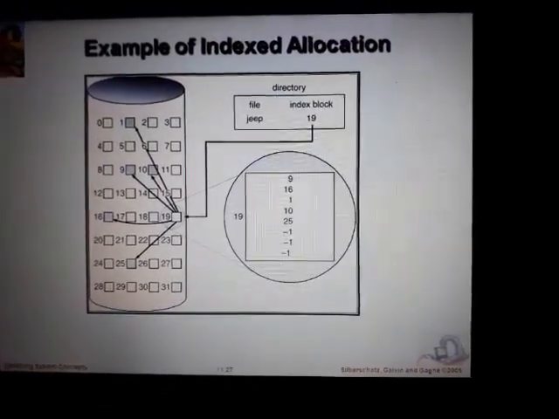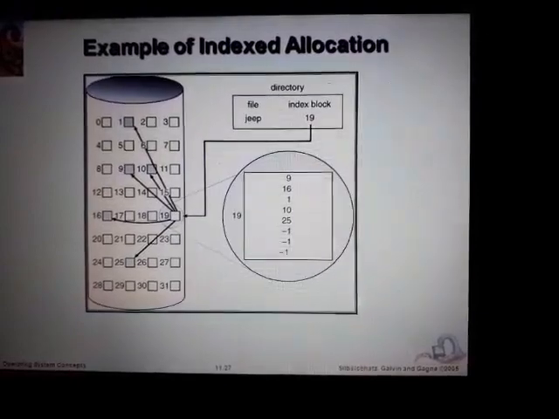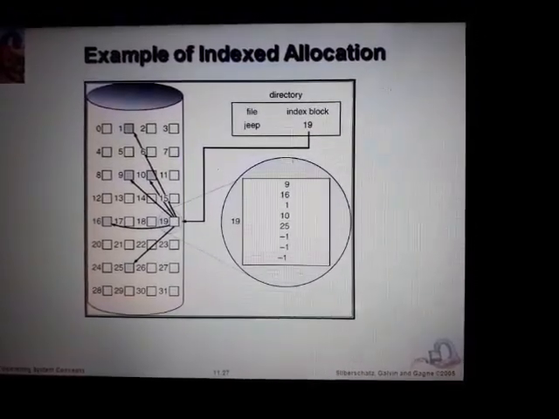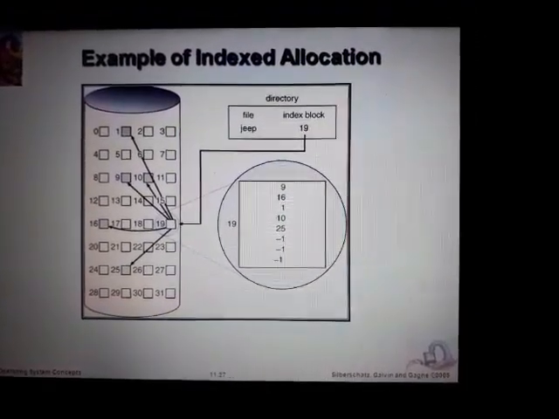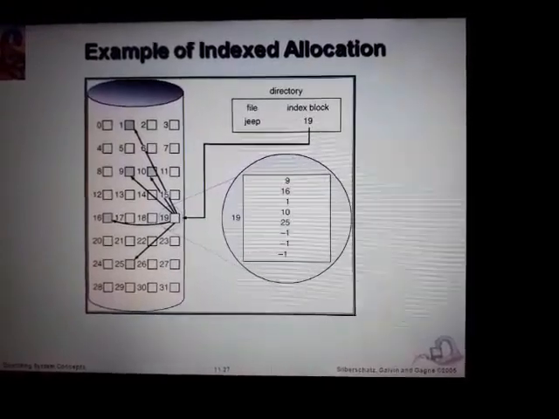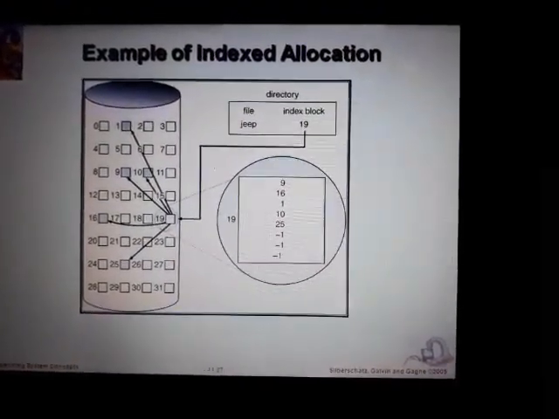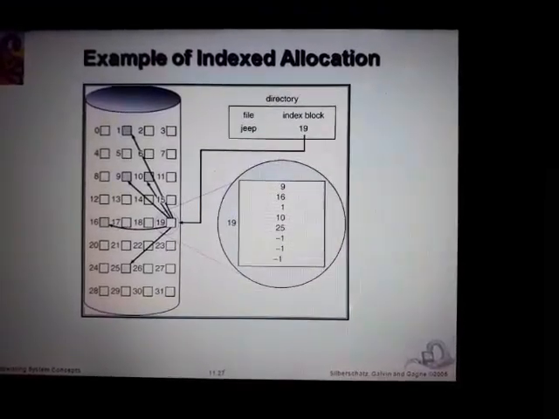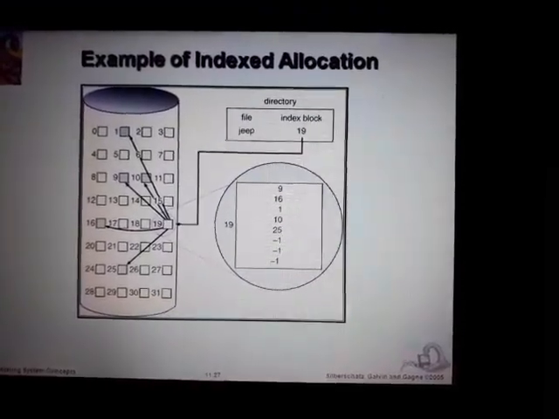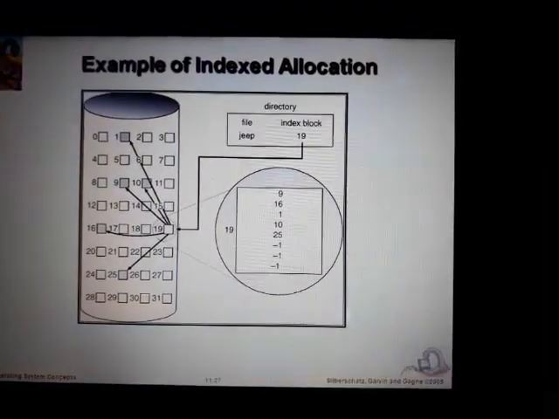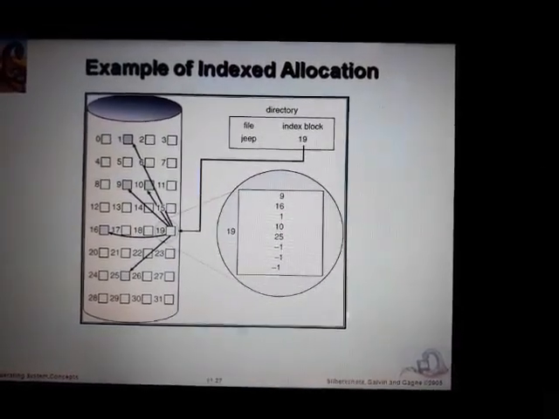So in this example, once again we have a directory with 2 columns. Jeep is the file name and index block 19. Look at the diagram there. Index block is 19. And from 19 we are moving to various other blocks. From 19 we'll move to block 16. Then from 19 we'll move back to block 1.